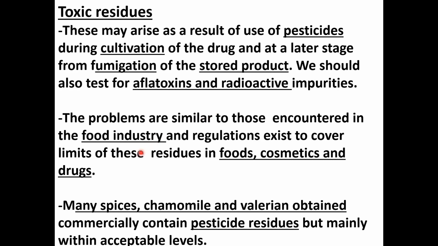Similar problems of these toxic residues are encountered in the food industry, but it is a much more serious problem in foods than in herbal drugs. Many spices and drugs are allowed to contain pesticides to a certain acceptable level.